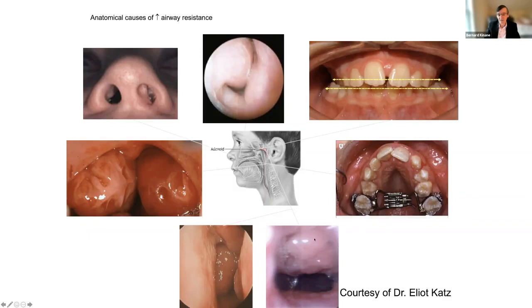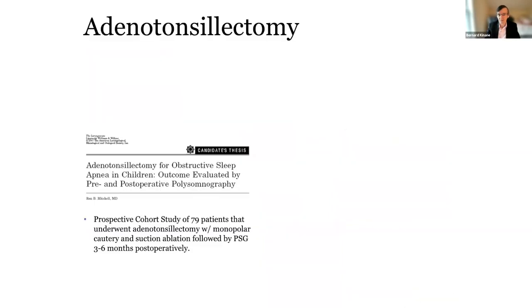We look for enlarged adenoids, which we take out, and we look for enlarged tonsils, which we can take out. Now, if we find obstructive sleep apnea in somebody with Myhre syndrome, the first treatment that we do is an adenotonsillectomy. That means taking out the adenoids or tonsils if they're enlarged.